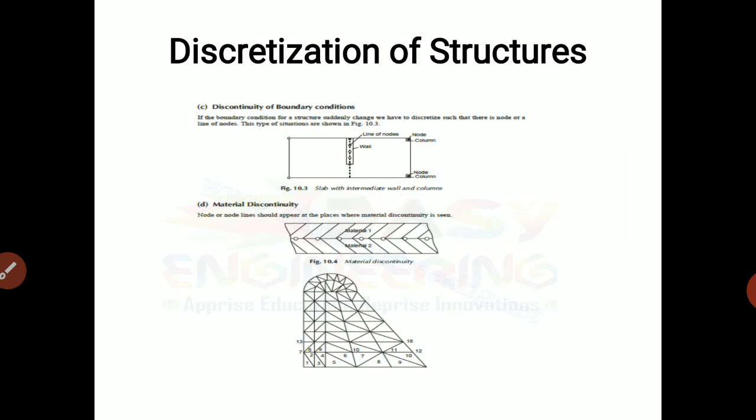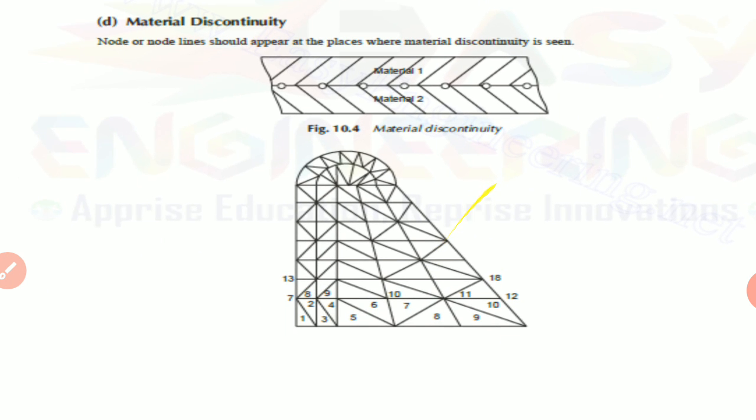So see this example of a dam. This is the dam we have shown here, and it is divided into a finite number of nodes. The numbering you are seeing here is the node number. And see, shown here is a material discontinuity.